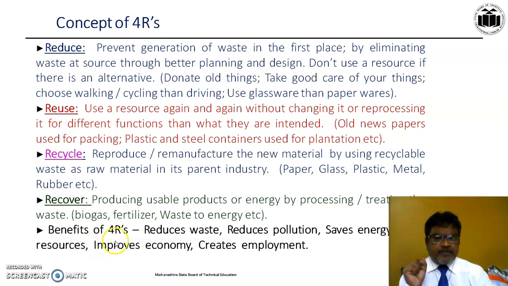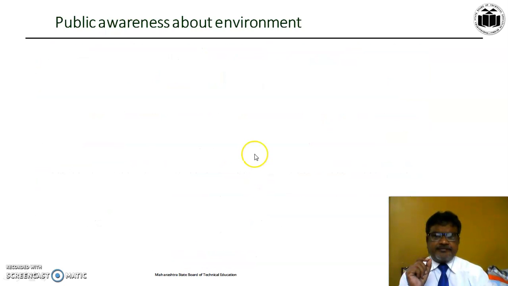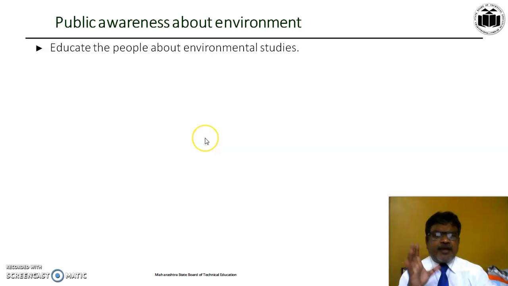Now there are some benefits of the 4R principles. They reduce waste, reduce pollution, save energy, save resources, improve the economy and create employment. Public awareness about the environment is specially included in chapter number 5, but let us have a look in this chapter also.